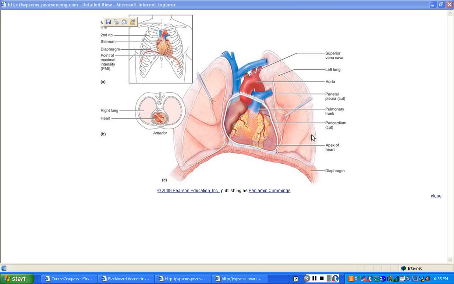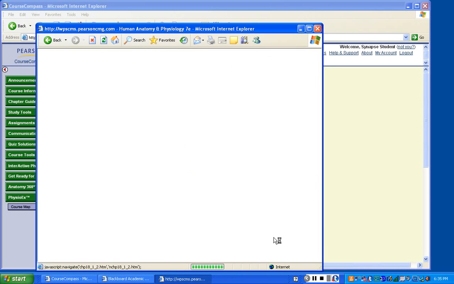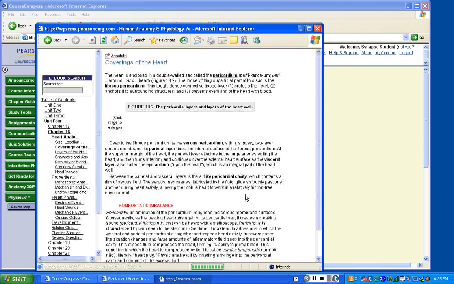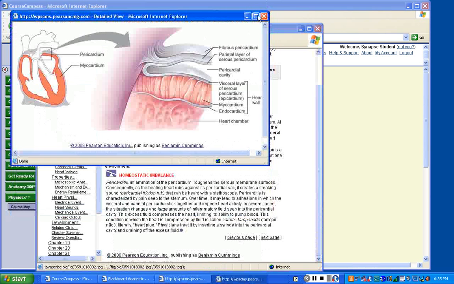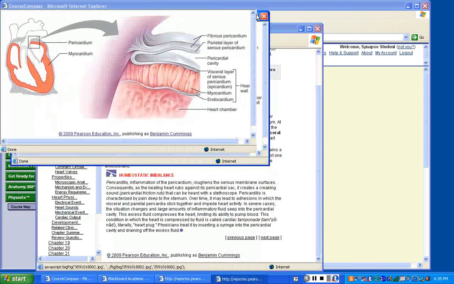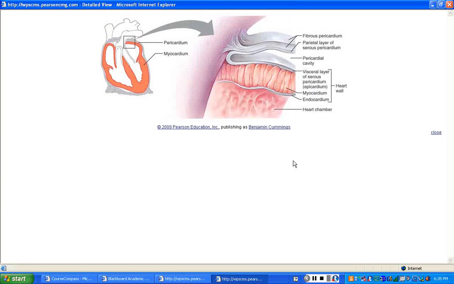So we're looking at this heart, and interestingly they don't give me the picture that I really want. The heart has a sac around it.